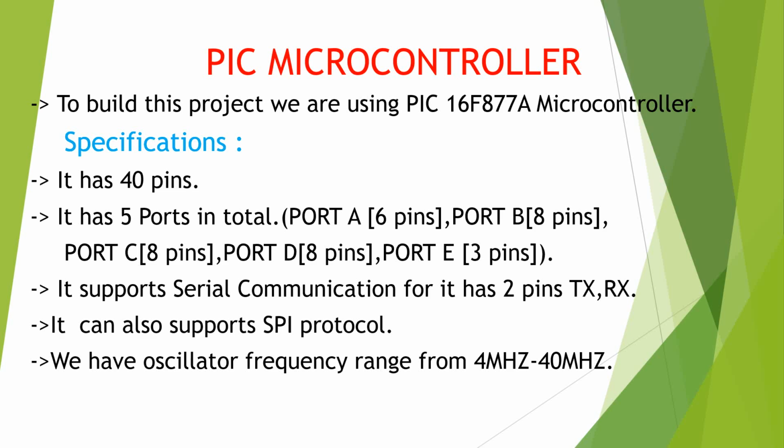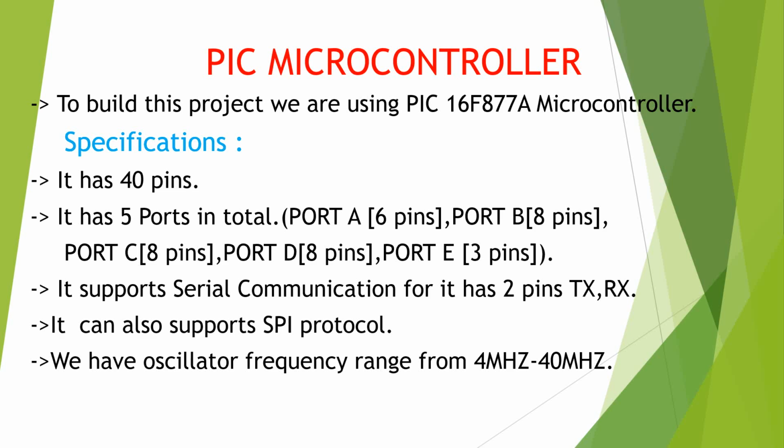Coming to the pin description, it has 40 pins and consists of 5 ports in total: port A, port B, port C, port D, and port E. Port A has 6 pins, port B 8 pins, port C 8 pins, port D 8 pins, and port E 3 pins, plus extra pins for the power supply, ground, and its running.